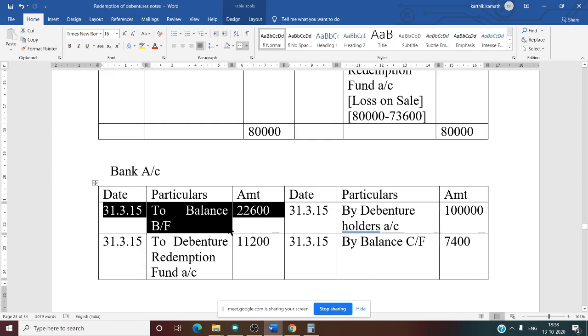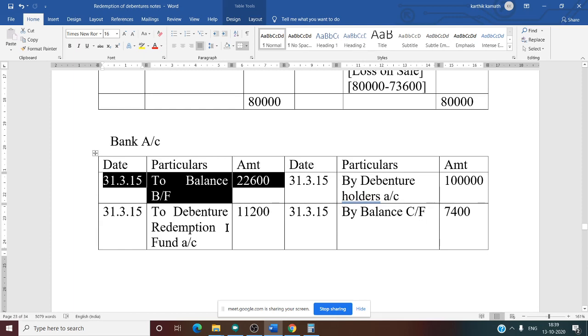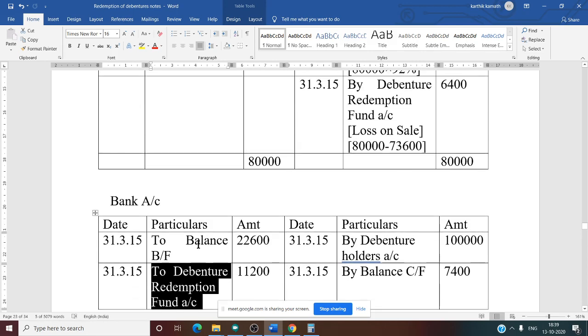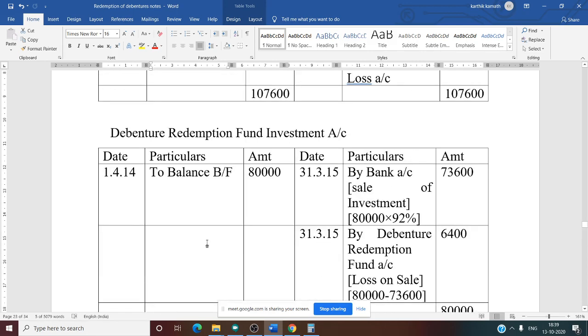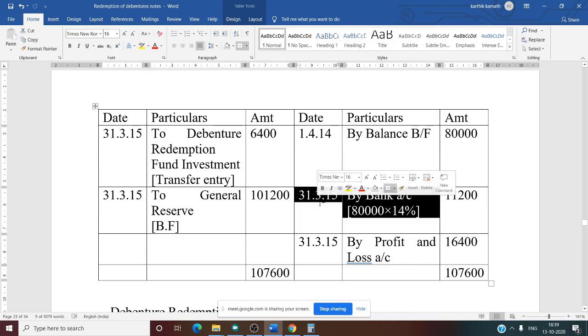And all debit side, you need to write what? All cash comes in. You need to write last year interest. I have already told you, because bank balance does not involve interest, that is why we need to include the interest. How to include the interest? You can see the second account, that is the debenture redemption fund account.